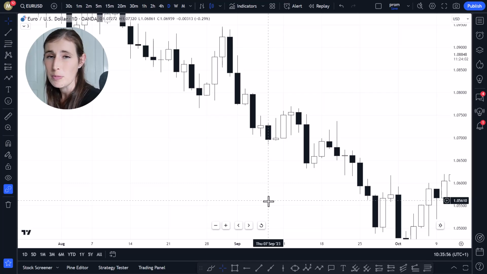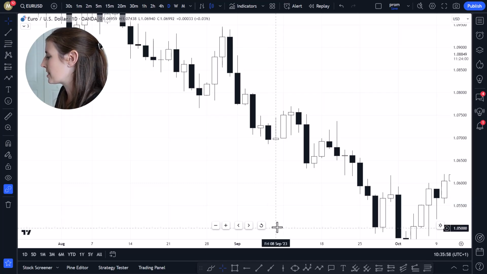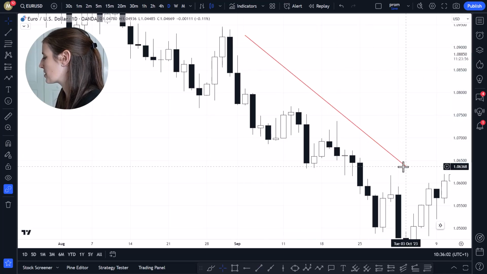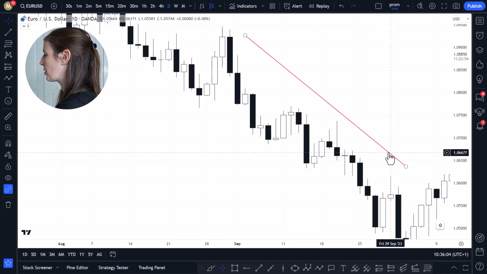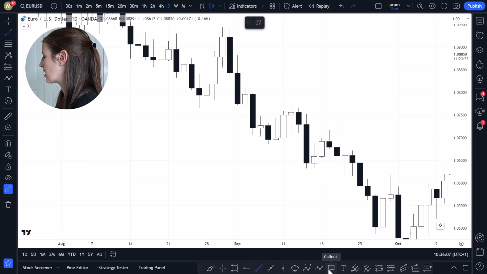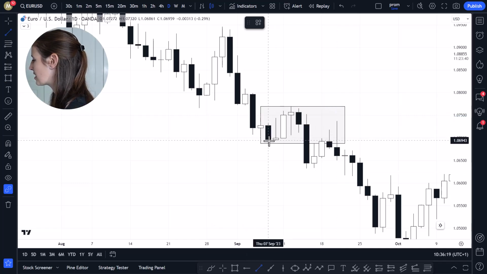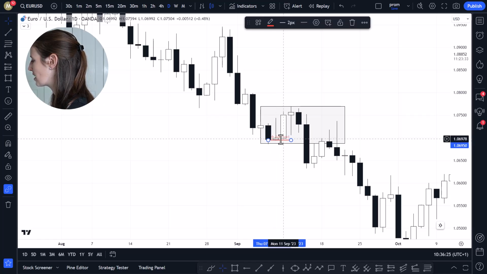The same can also be said in reverse if the market is in a downtrend. As you can see here now, going back in time on Euro USD, the market is trending lower. And so if we just take a section of this trend, let's look at this area right here. You can see that as price has been pulling back here, this most recent low is not broken on the Friday, Monday, Tuesday, or Wednesday.